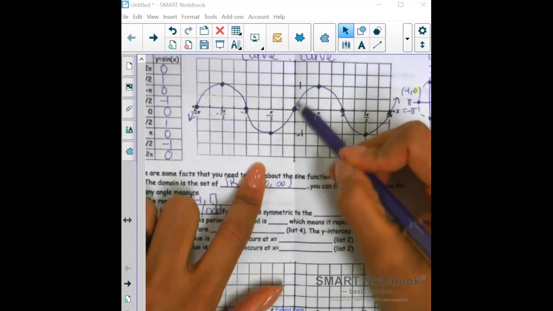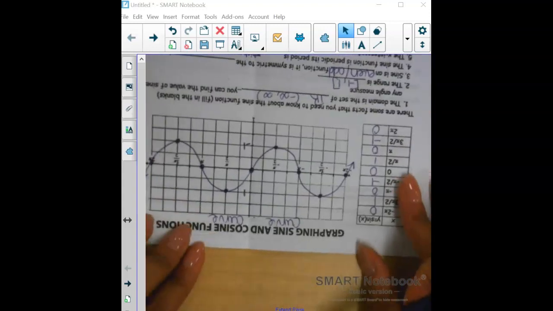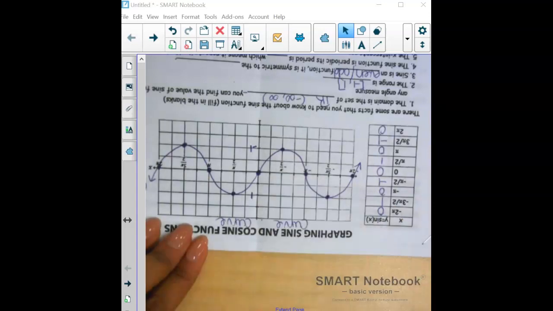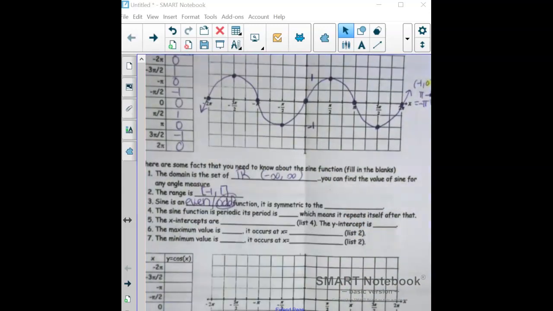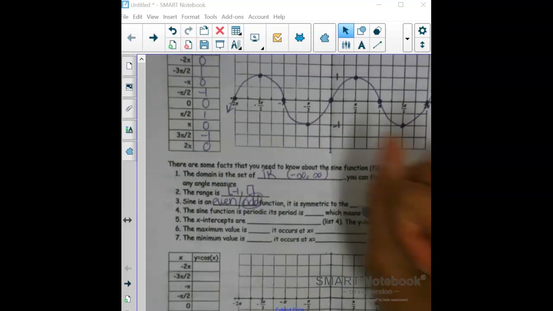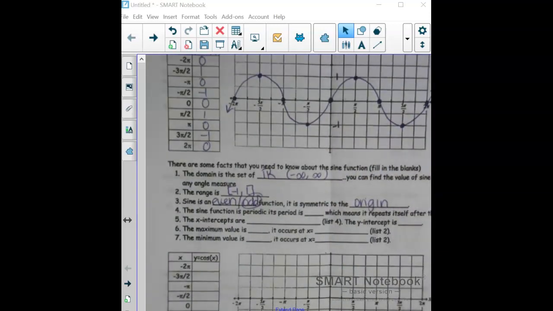So curve up to the right-hand side, curve down to the left. If I was to flip this graph upside down, it's still curving up to the right and down to the left. So that's what makes it an odd function. That is something we talked about at the beginning of the school year. So this is odd. Odd means that it is symmetric to the origin. That's why we're able to just flip that graph upside down.